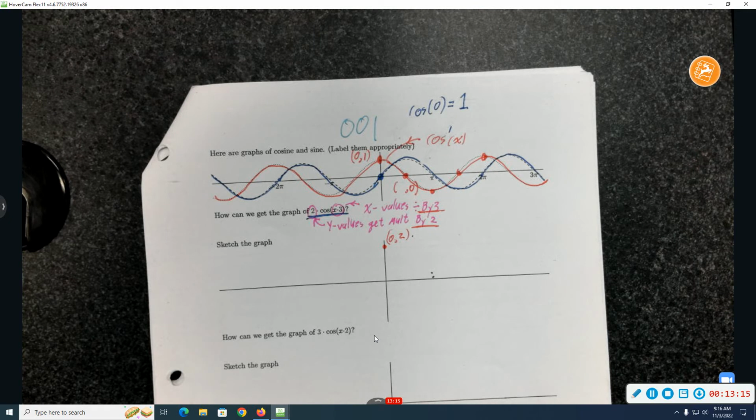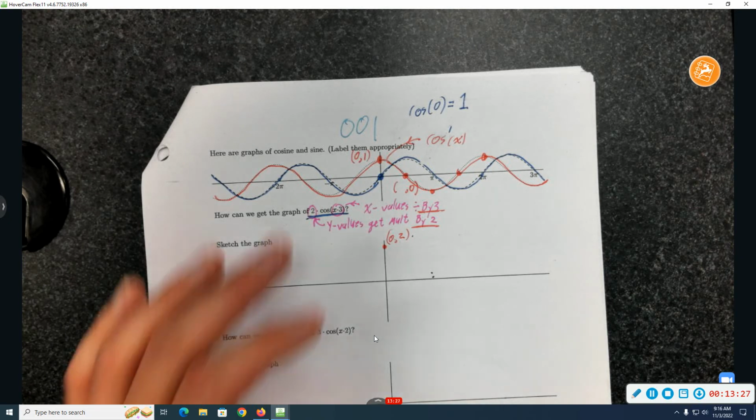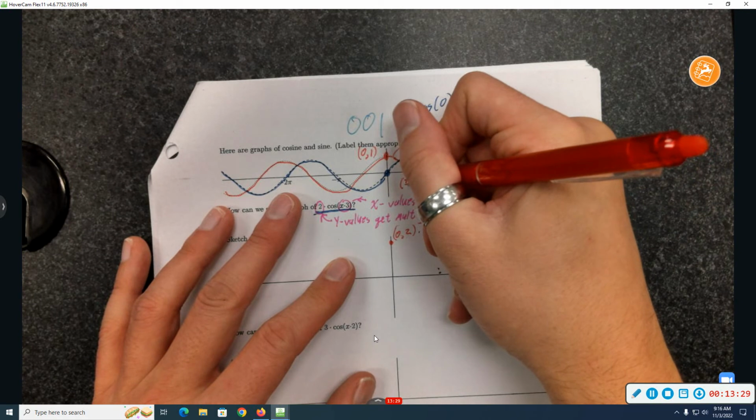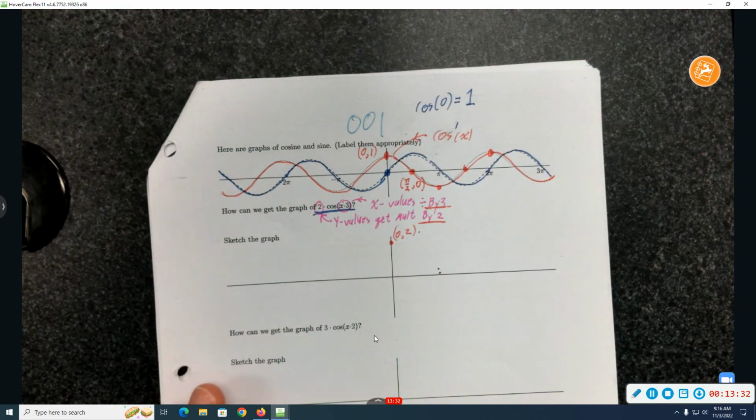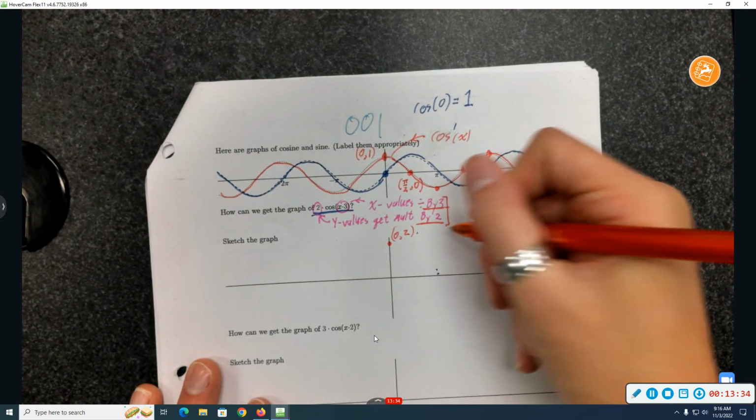I hear a pi over 2. And maybe here's a unit circle way to see that. That point has cosine equal to 0. Cosine is the x-coordinate on the unit circle. So here we see pi over 2 comma 0. What happens to that point when you do these two things to it?